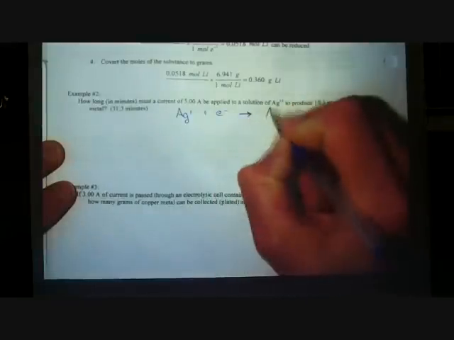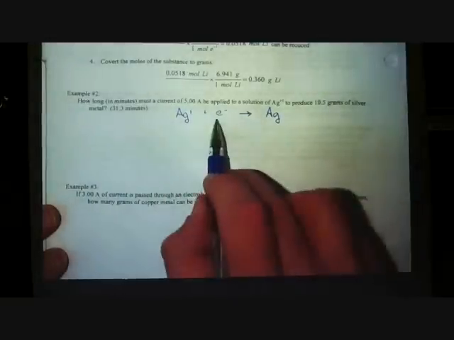Looking at example number 2, it asks, how long in minutes must a current of 5 amps be applied to a solution of silver ions to produce 10.5 grams of silver metal? So here's what we probably should do first. Well, we have silver, and we need to know how many electrons it takes to go from silver ions to silver metal.